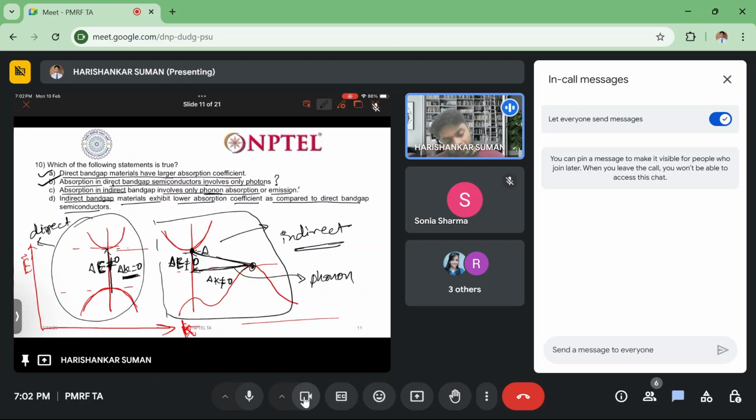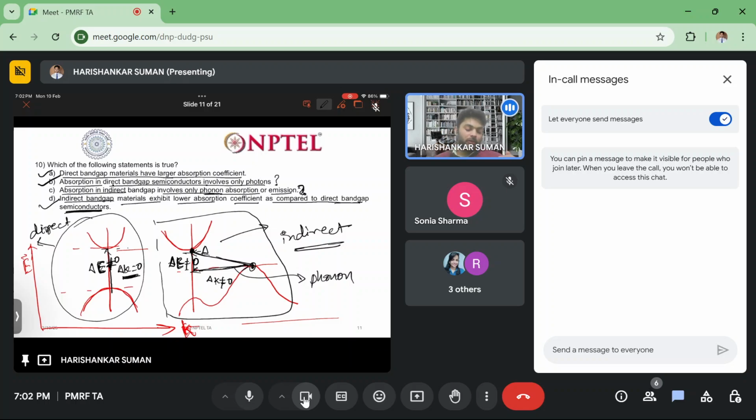Is this right or wrong? Please think, you can see the picture. Indirect band gap material exhibits a lower absorption coefficient as compared to the direct band gap semiconductor. Yes, this is right.